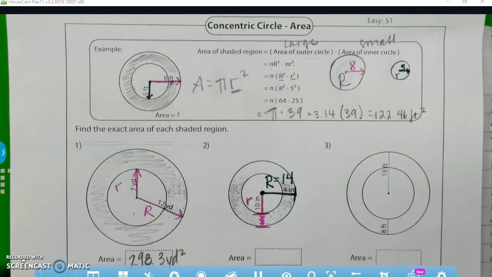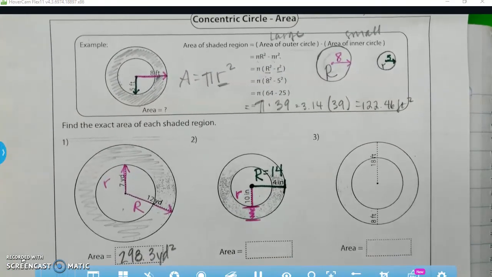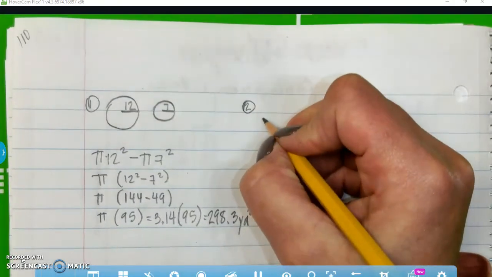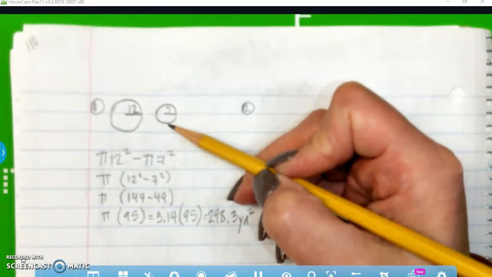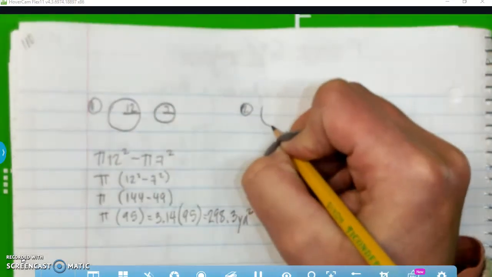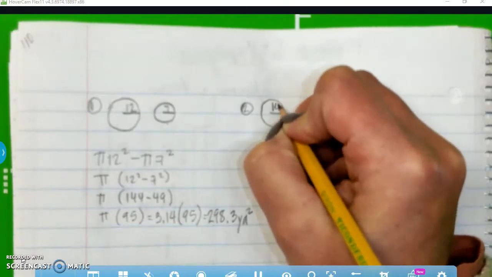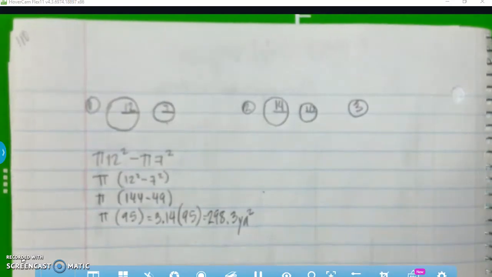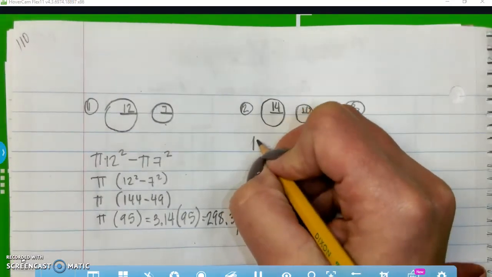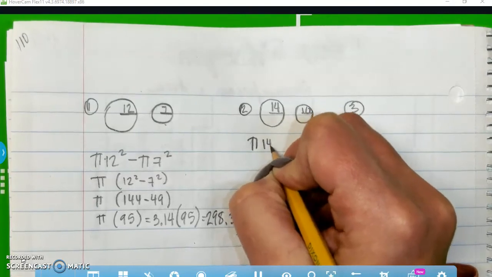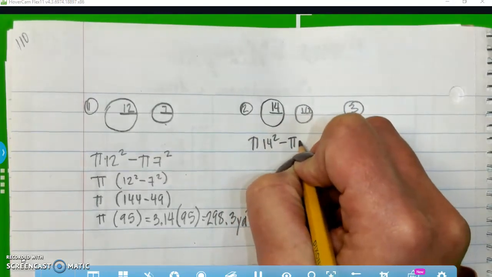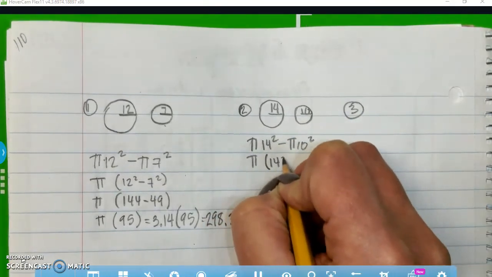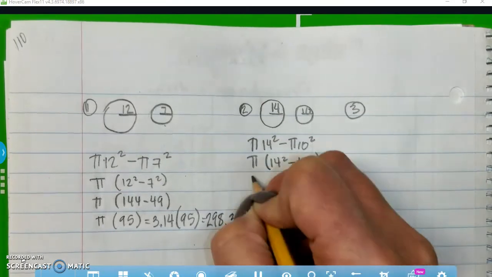All right, I'm ready to set up and calculate my area. Again, you can draw the illustrations. You do not have to. 14 is the larger one. 10 is the smaller one. So pi times 14 squared minus pi times 10 squared, which would be 14 squared minus 10 squared.